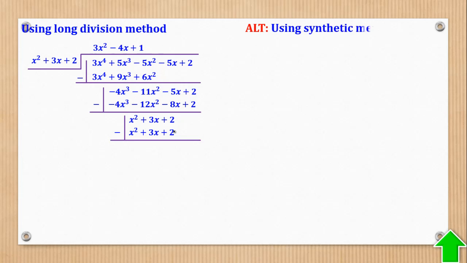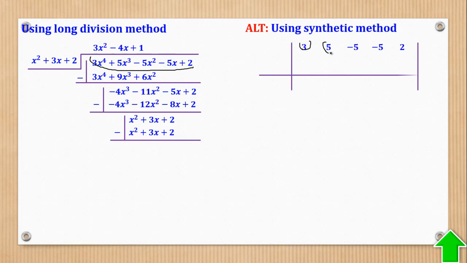So do you know what that means? Okay, let's use that. That was long division. Another one can use synthetic approach. Synthetic, you write the coefficients of all these ones in order. So this will be coefficient of x to the power 4, x to the power 3, coefficient of x squared, coefficient of x, and a constant.